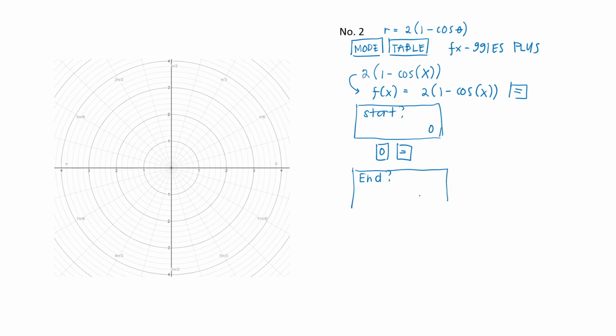Usually on the calculator, if you have used table mode before and haven't reverted back to normal computation, the value there is from the previous table mode you used. If you're not sure what that value is, just press 2 pi again, 2 pi and then equal.